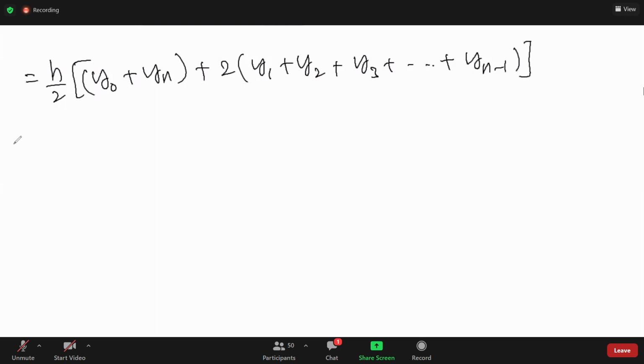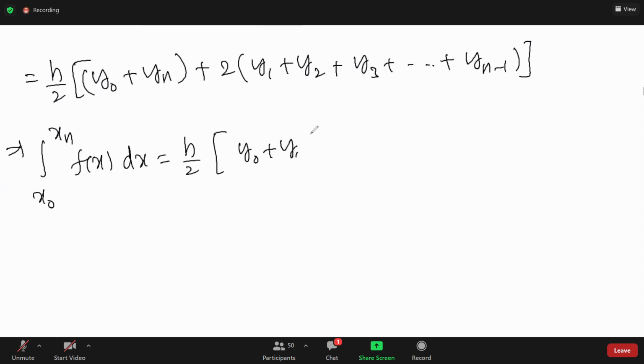So this rule is called the trapezoidal rule. Integration from x0 to xn of f of x dx is equal to h by 2 into y0 plus yn plus 2 times y1 plus y2 plus y3 and so on plus yn minus 1.